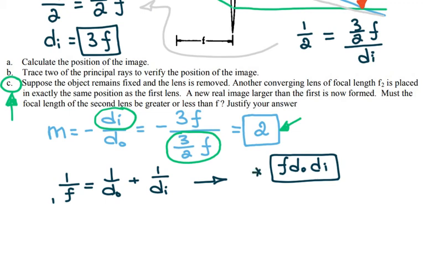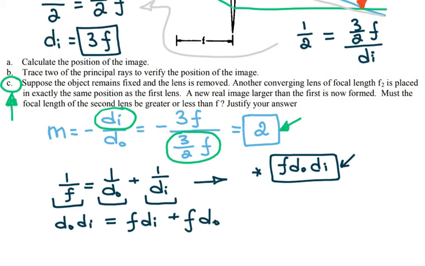If I multiply this one by F dO di, I get dO di. If I multiply this fraction by F dO di, I get F di. And if I multiply this fraction by F dO di, I get F dO.